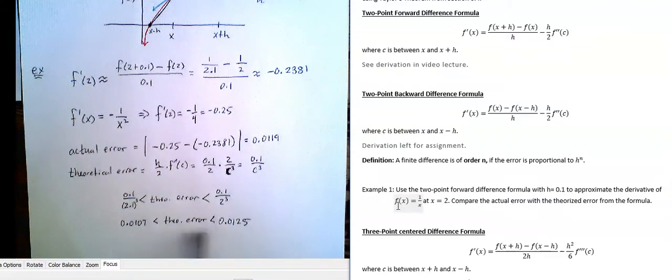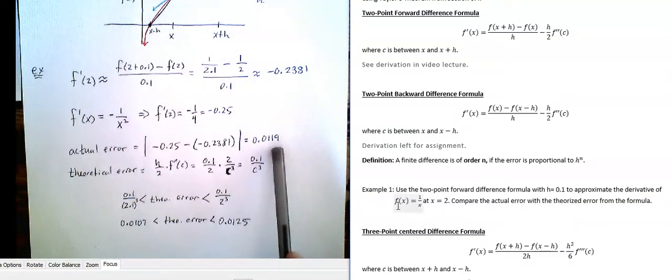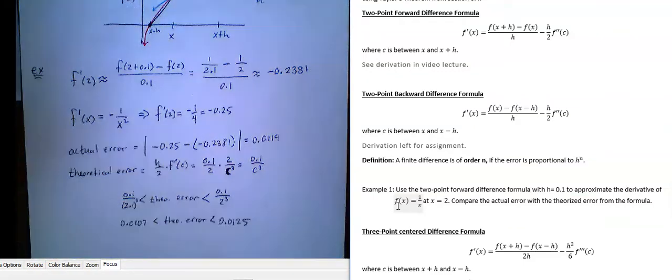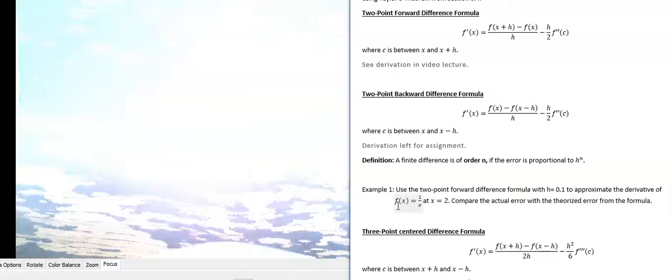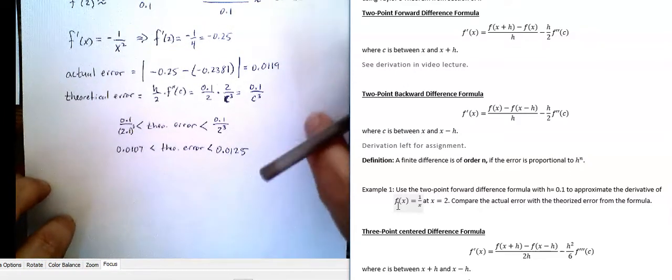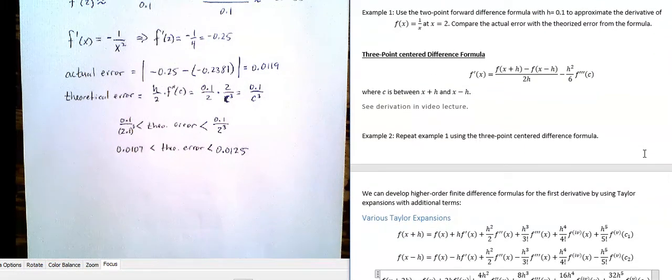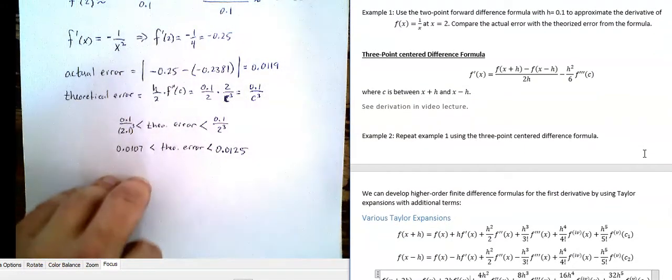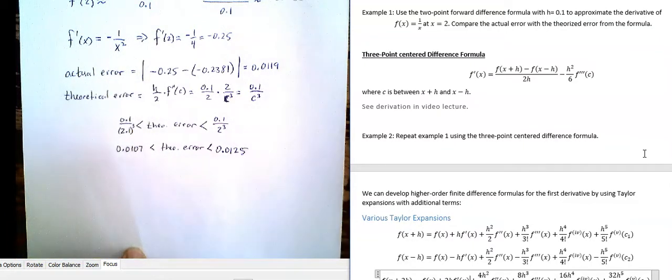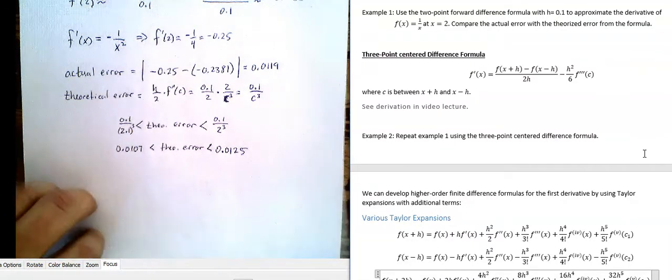So we know that theoretically the error should be between 0.0107 and 0.0125. Is our value in between those two? It is. Okay? All right, so that is the basic ones, 2-point backward difference formula, forward difference formula. We could also do this for the backward difference formula in a similar fashion.